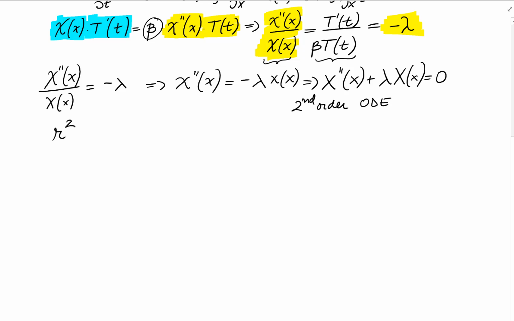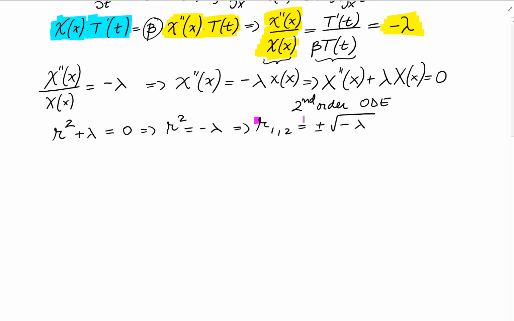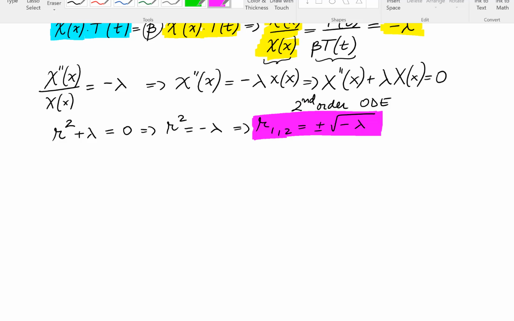Using the characteristic equation, so r squared plus lambda equals 0, which means r squared equals negative lambda, which means r1,2 is plus minus the square root of negative lambda. This is a very important equation, which is going to come up in our discussion. So I'm going to highlight it in purple, and I'm going to come back to it from time to time.